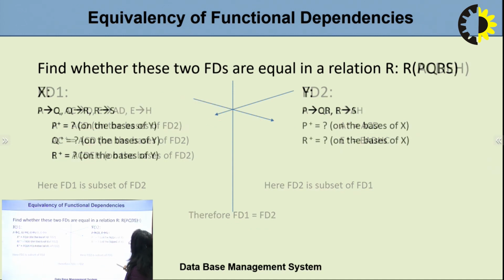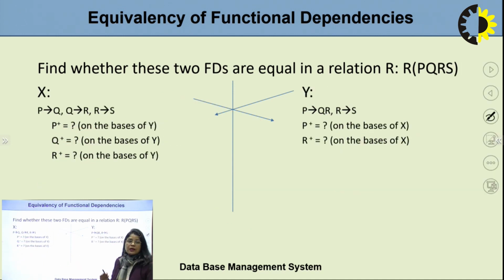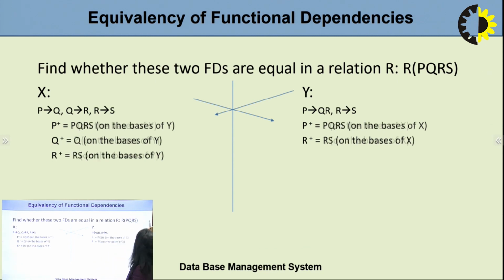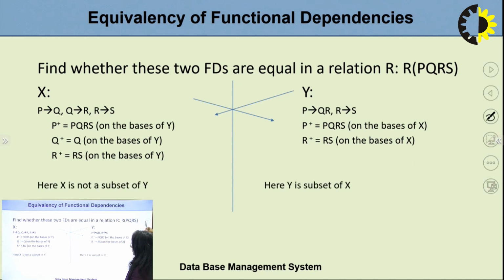Let's take another example to check whether these functional dependencies are equal or not. Here we can find the closures of P, Q and R on the basis of set Y, and here we are finding the closures of P and R on the basis of X. So what are we finding?